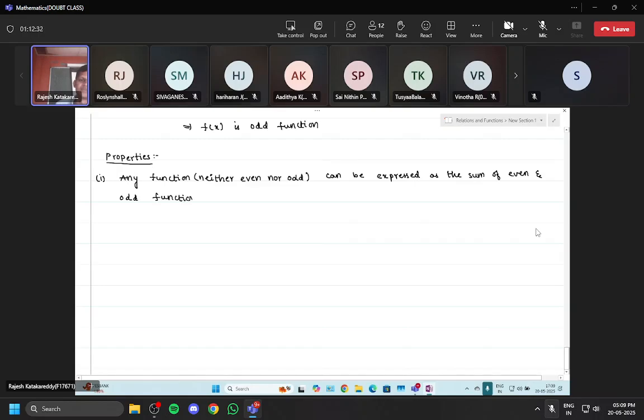What does this mean? You would have learned, no? Any matrix can be expressed as sum of symmetric and skew symmetric. Same thing. Now let's take f of x as the function.